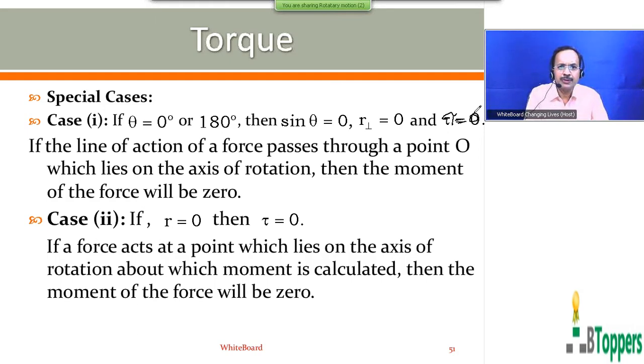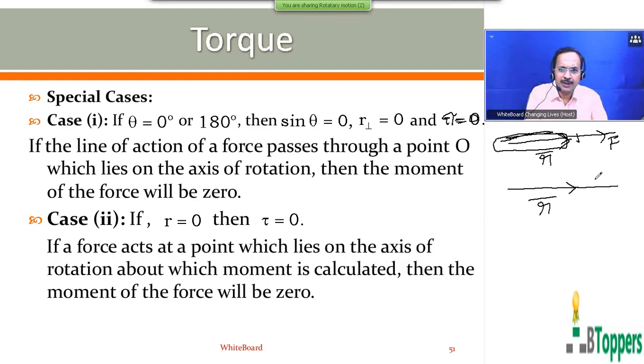So as I told you, theta will be 0 when R bar and F bar act in the same direction. Theta will be 180 degrees when R bar and F bar act in opposite directions.